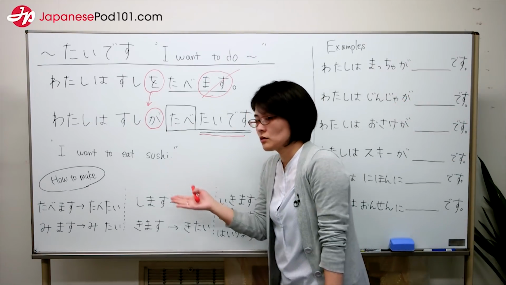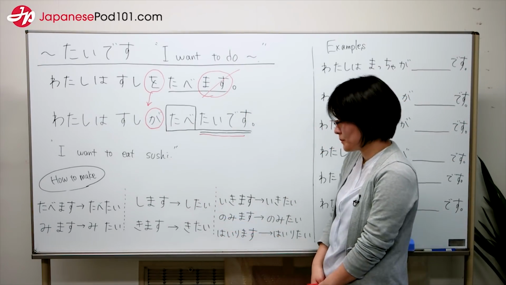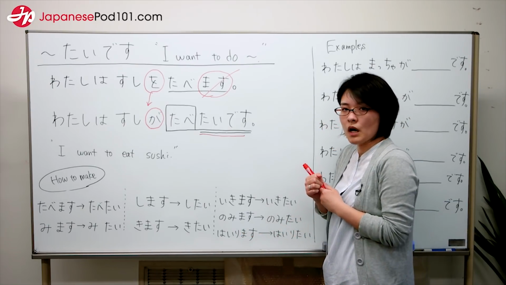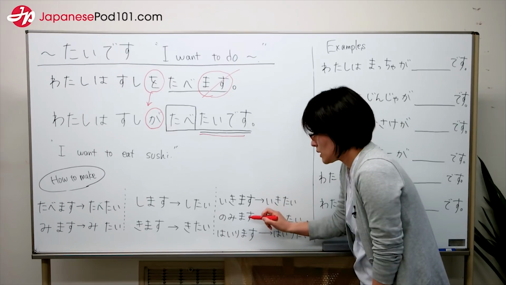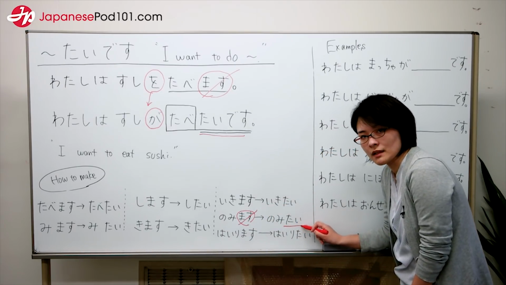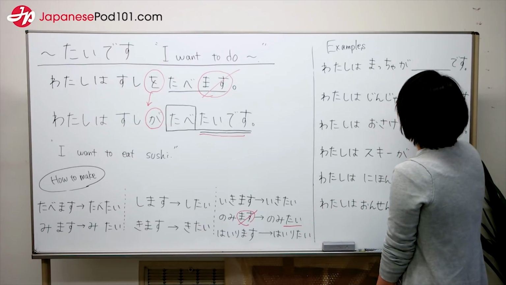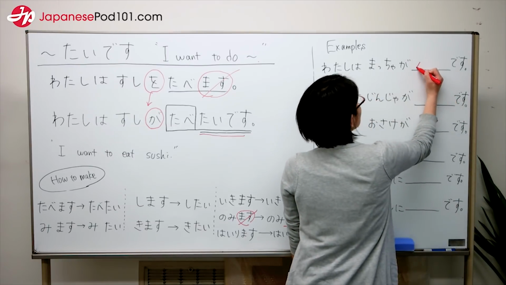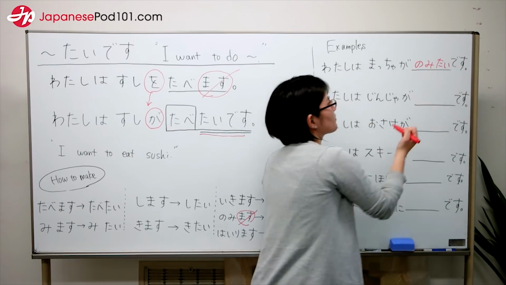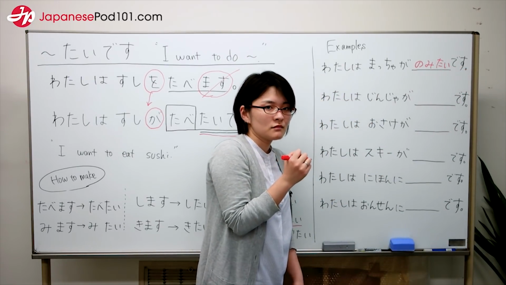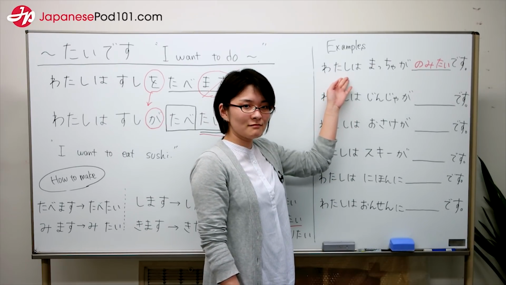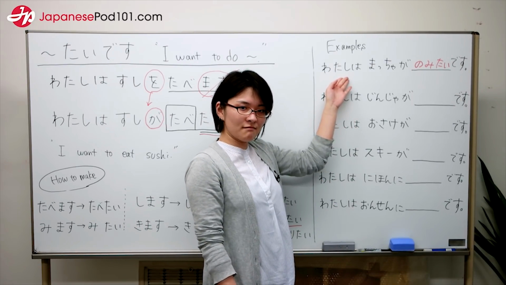So can you find 飲みます from here? Here. So according to the second point, we need to get rid of masu and then add たい. So you will get 飲みたいです altogether. 私は抹茶が飲みたいです. I want to drink matcha green tea.